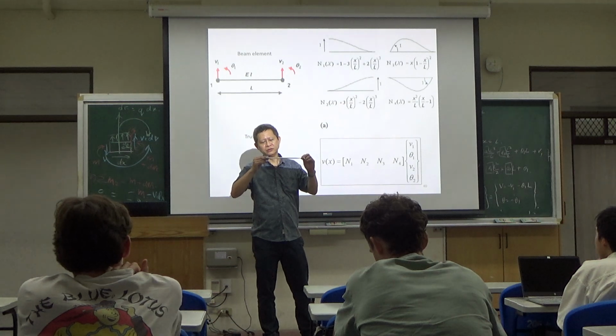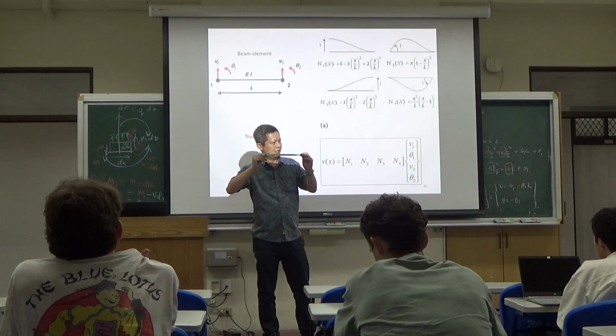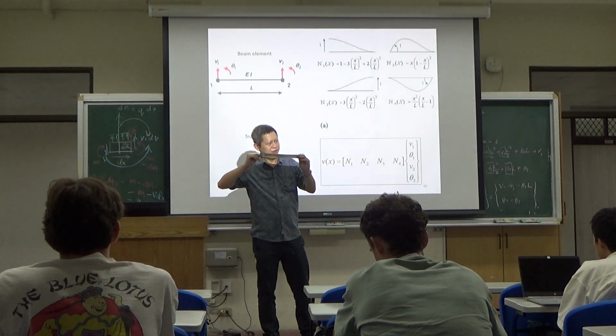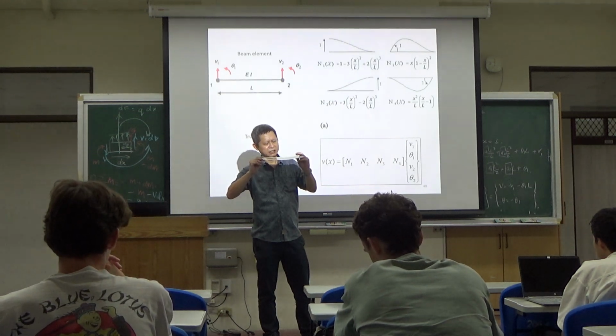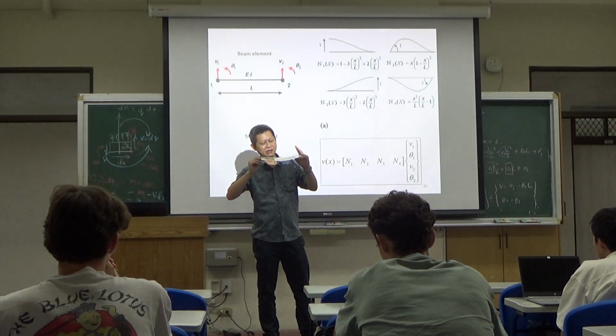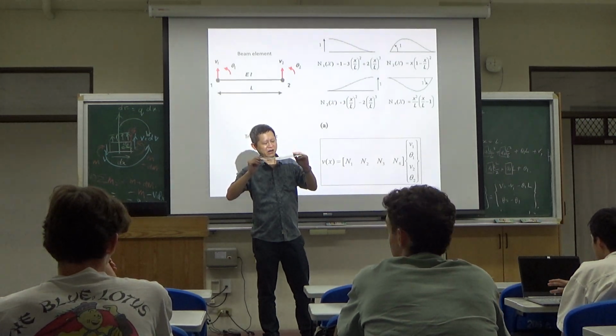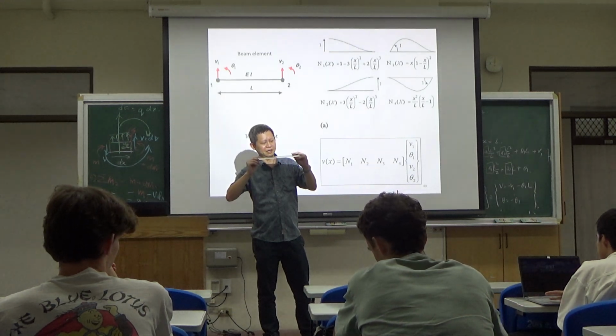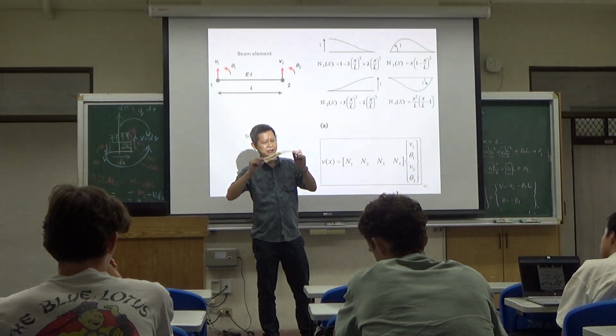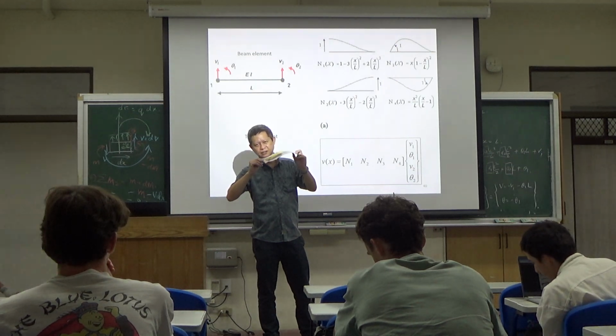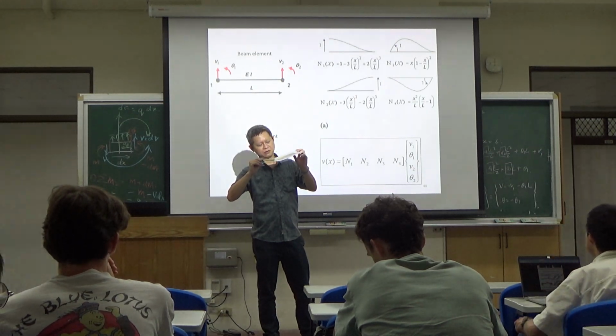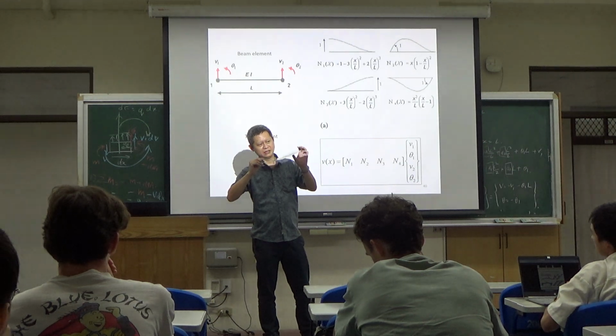How about the N4? For N4, the right hand is all fixed, 0 displacement, 0 angle, and my left hand does not move up, so 0 vertical displacement, but I turn it 1 radian. Oh, counterclockwise.